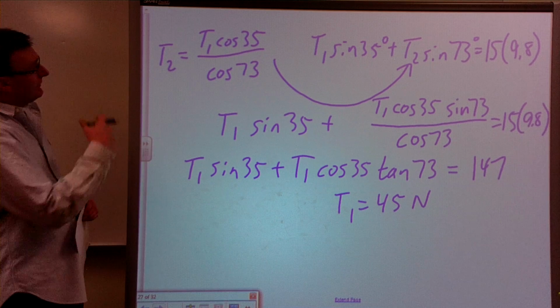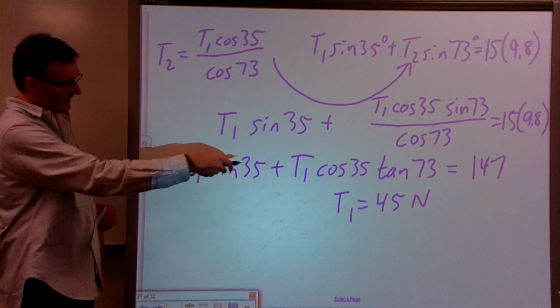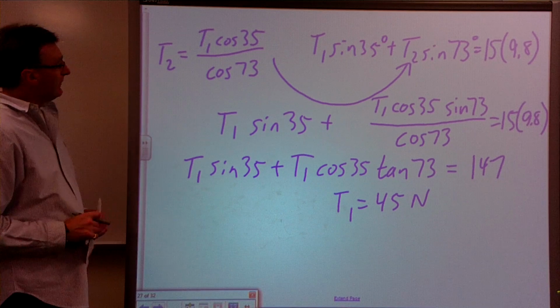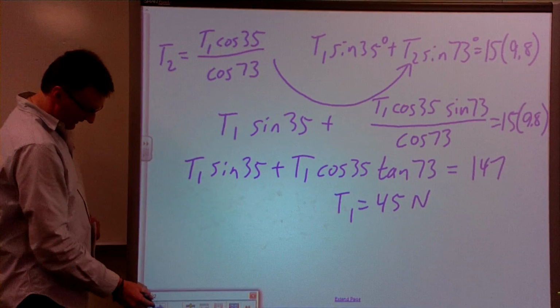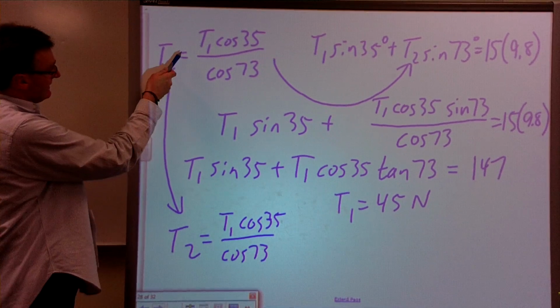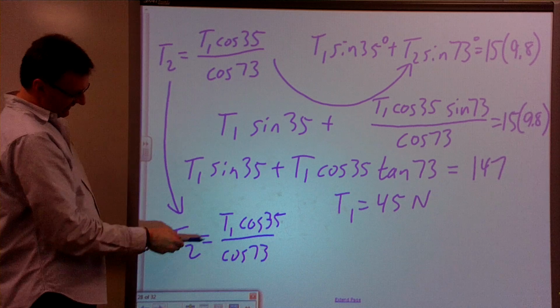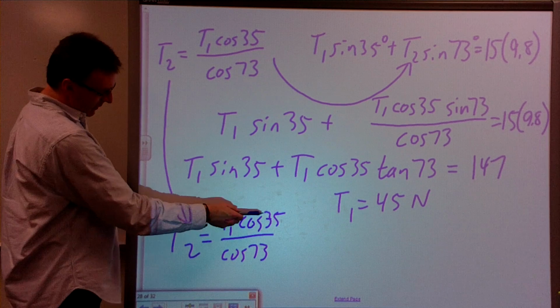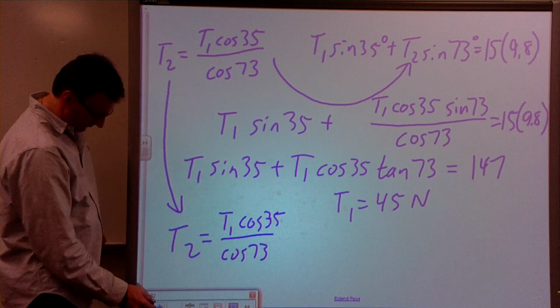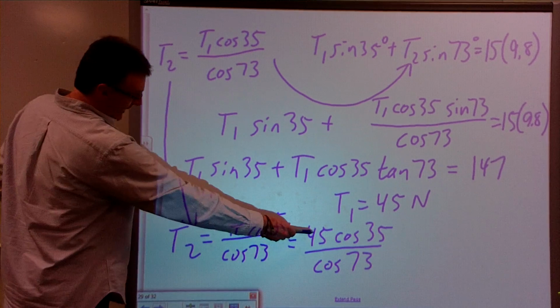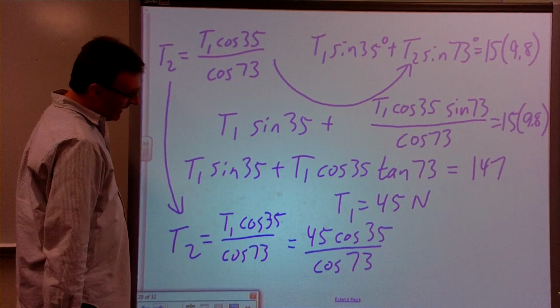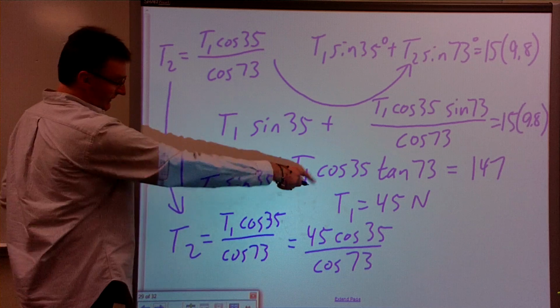All right, so we've done a substitution, we've used the trig identity, we found T1, and now we can go back and find T2. And the easiest one to use would be this equation right here. And so T2 then is going to equal T1 cos 35 divided by cos 73. And we put in our value for T1, which is 45, which we just found out.